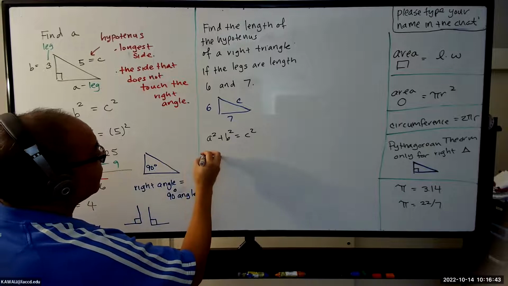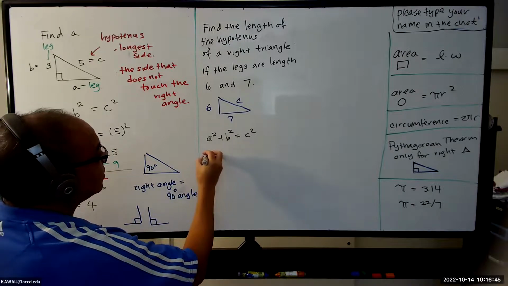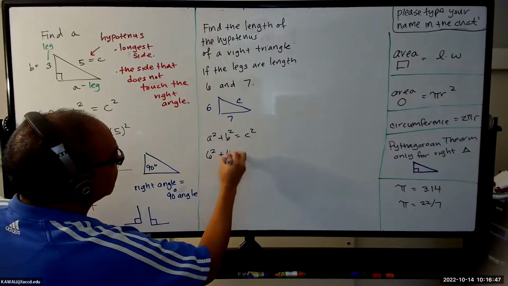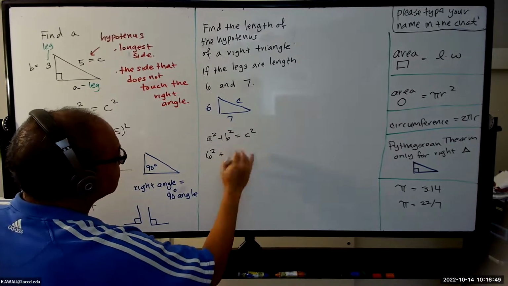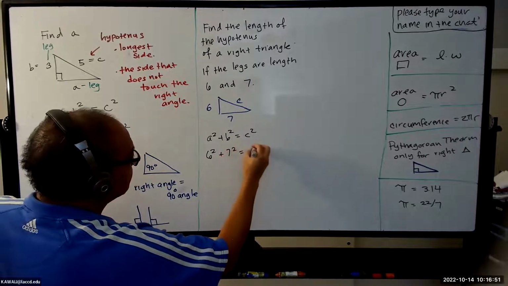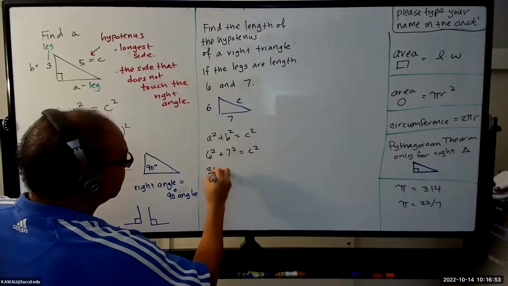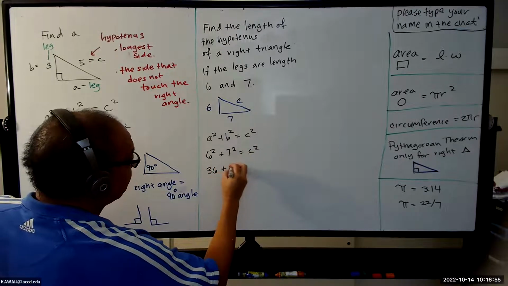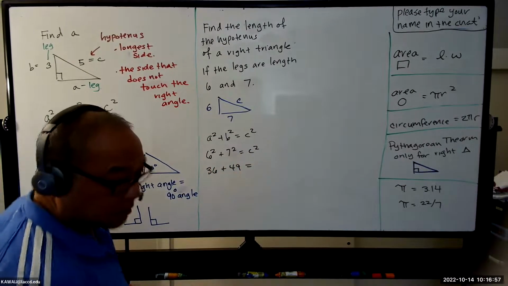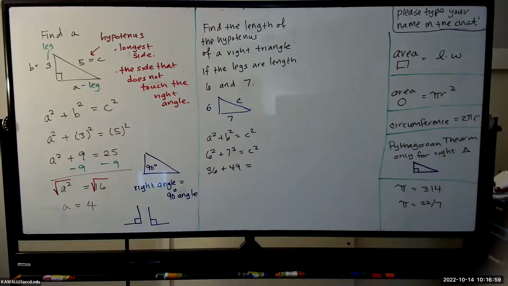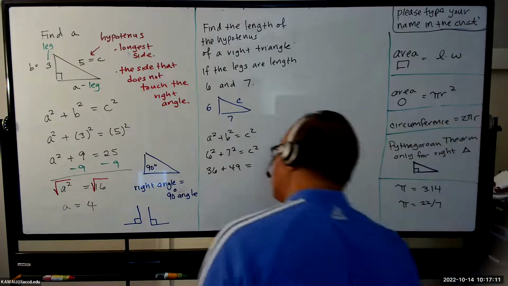And then we have 6 squared plus 7 squared is equal to C squared. So 36 plus 49 is equal to, let's see what that is. 85. Thank you. So it is 85.